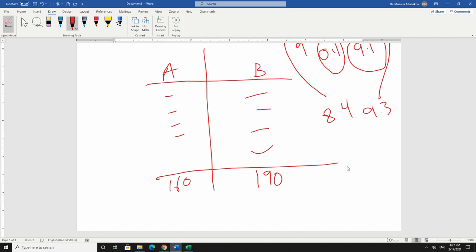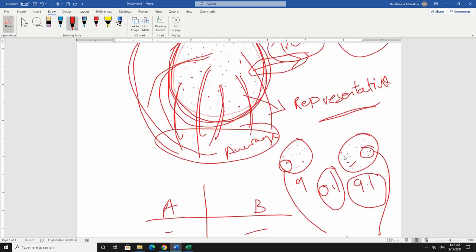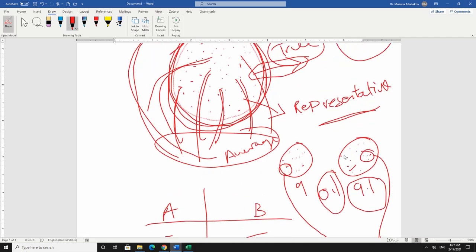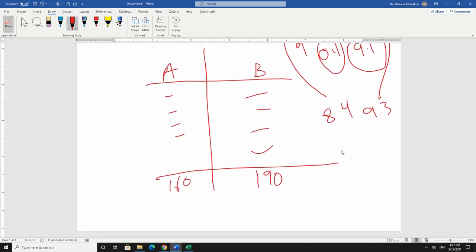So how is sample size determined? Of course, there are many factors that influence the sample size that you take. I will just give you a few, just for you to understand how it's done. First of all, what difference between A and B in the population makes sense to you?